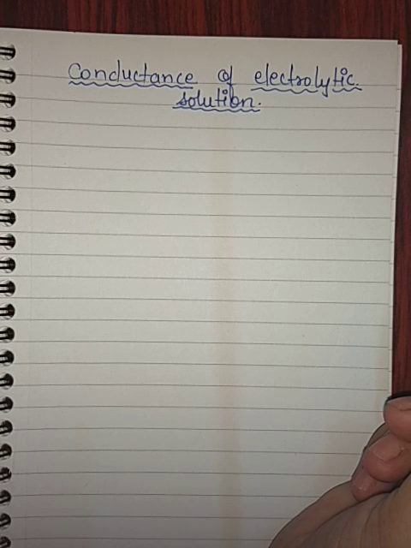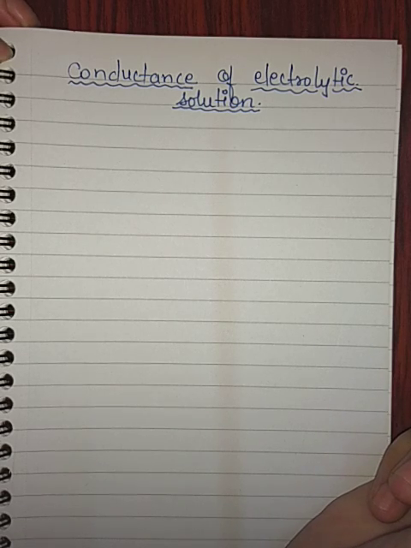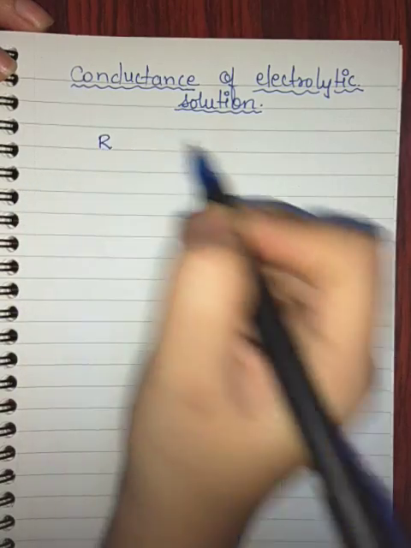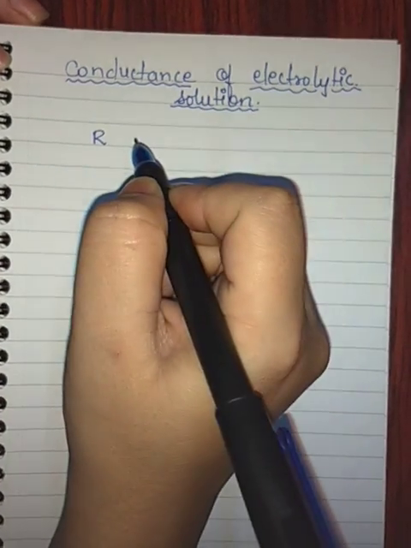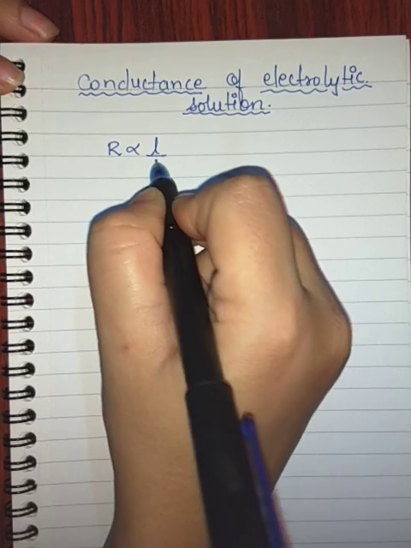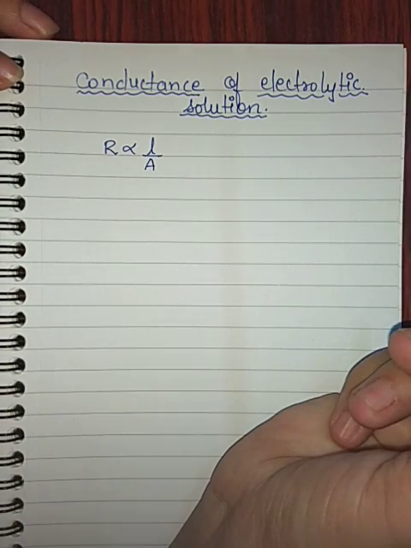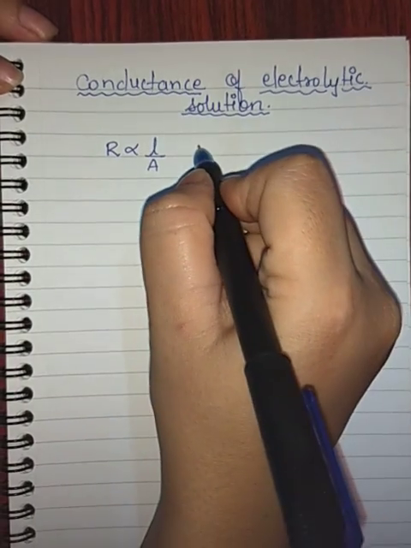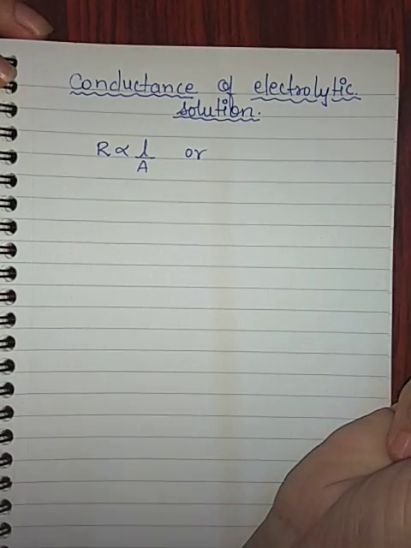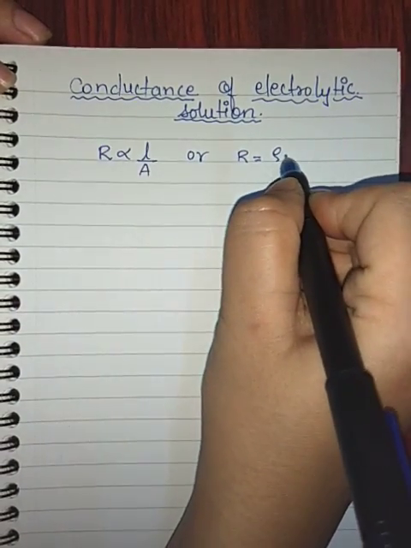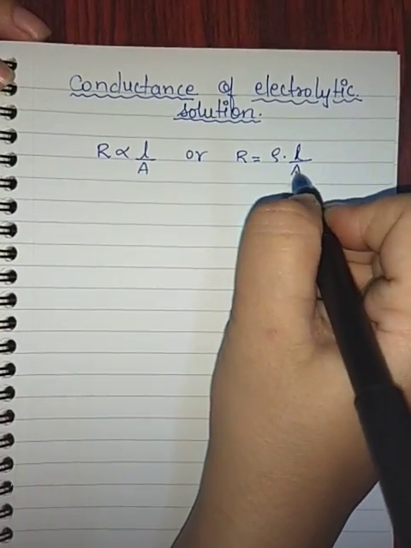Now you must have studied about resistance as well in your physics, and the resistance is denoted by symbol R, that is directly proportional to length of the wire and area of cross section of the wire. L being the length of the wire, A being the area of cross section. Or if you simply remove the proportionality sign, so R is equal to rho into L upon A.